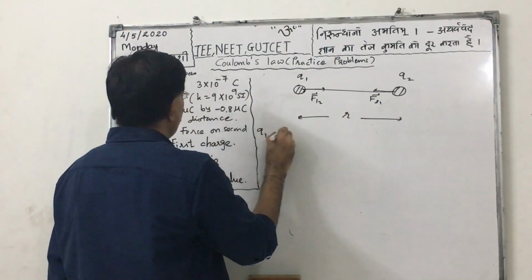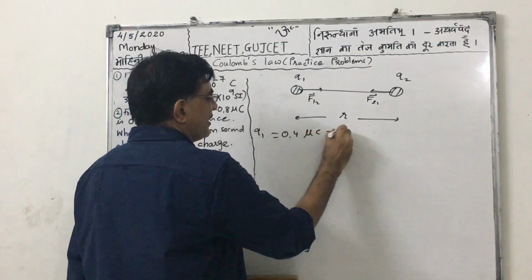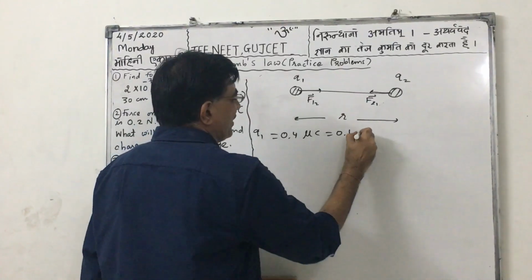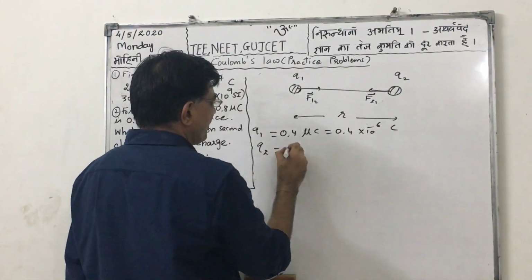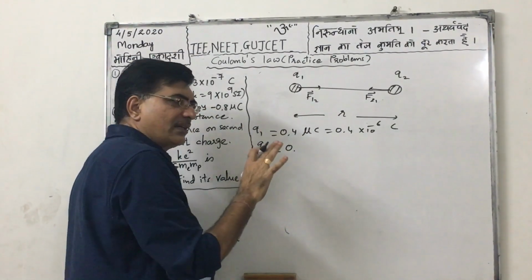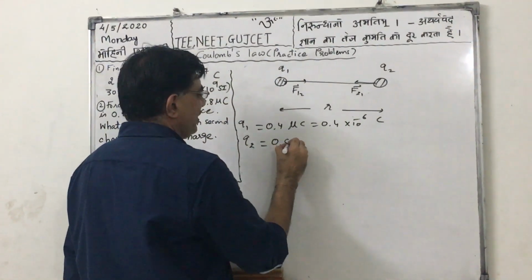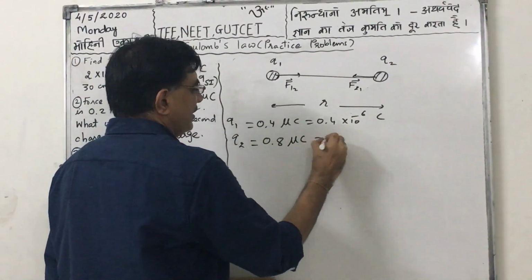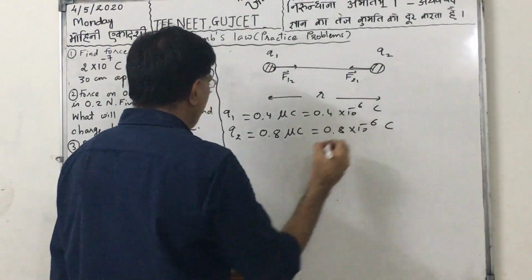So Q1 equals 0.4 microcoulomb, which can be written as 0.4 into 10 raised to minus 6 coulomb. Q2 is minus 0.8, but here we don't consider the sign because we have already considered it when we say that it is attraction. So 0.8 microcoulomb is 0.8 into 10 raised to minus 6 coulomb.